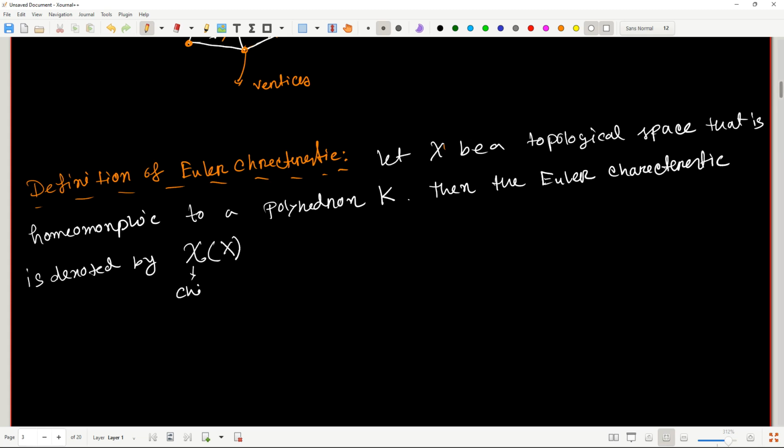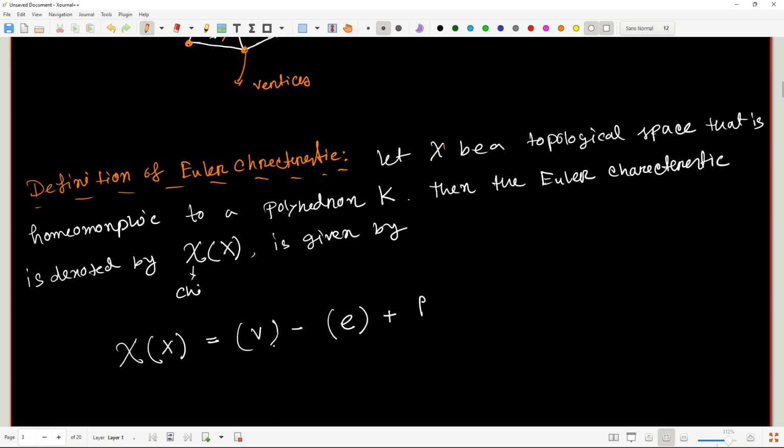Chi of X is given by chi of X is equal to the number of vertices in K, that we denote with V, minus the number of edges plus the number of faces of that polyhedron. So V is vertices of K, E is edges of K, and F is faces of K.